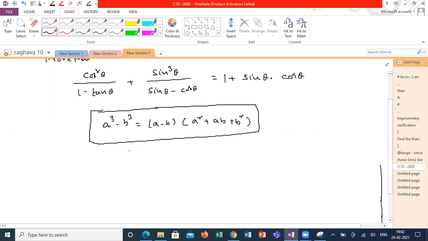Jishant, once done, you let me know. Got it, sir. It's very simple. The only thing is basic algebra. You have to keep it in mind to solve this question.